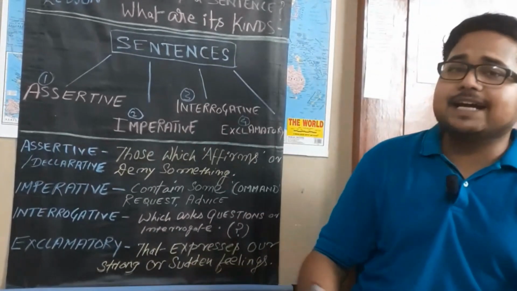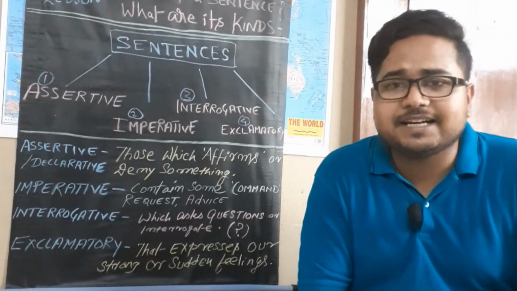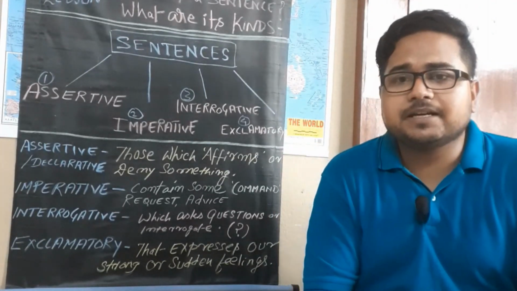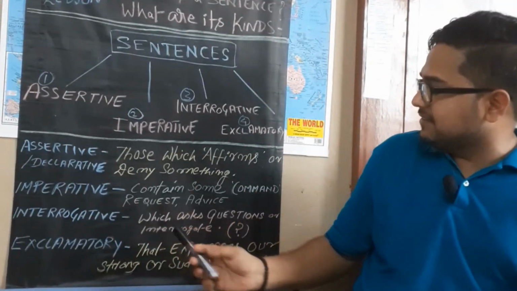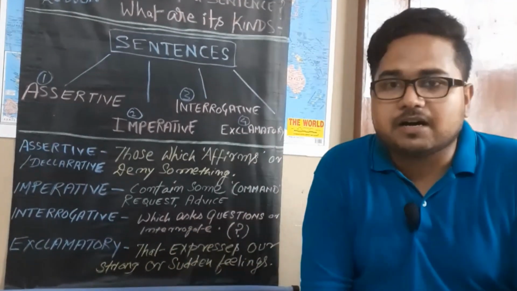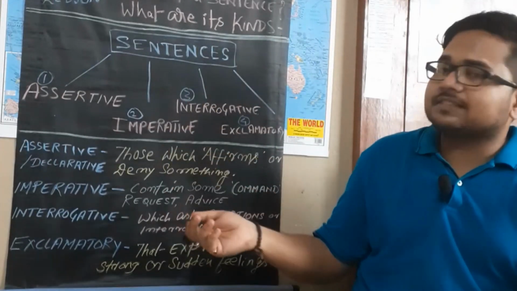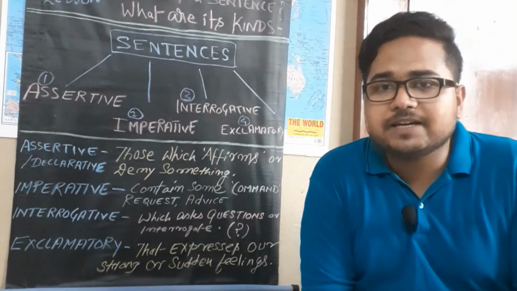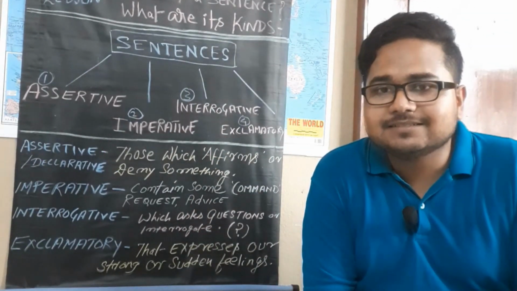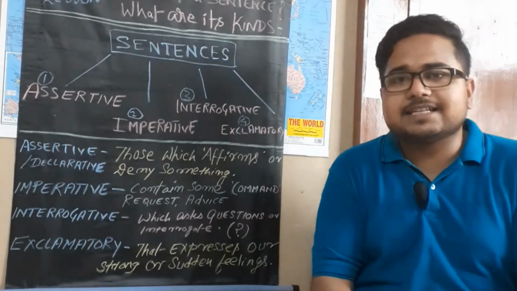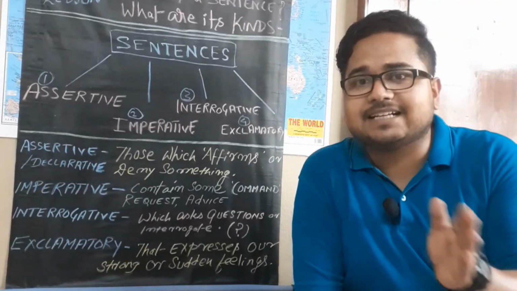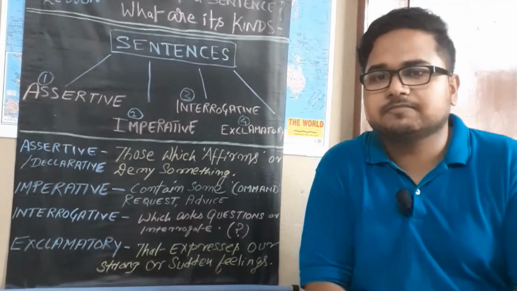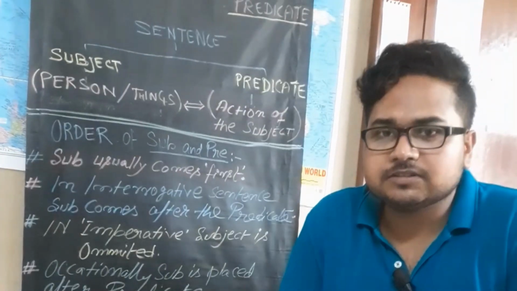An exclamatory sentence will end with an exclamation sign, and an interrogative sentence will end with a question mark. So go through these kinds of sentences. I will be giving you questions regarding this in the group, and the next lesson will be the sentence parts, that is the subject and the predicate. Get ready for that.